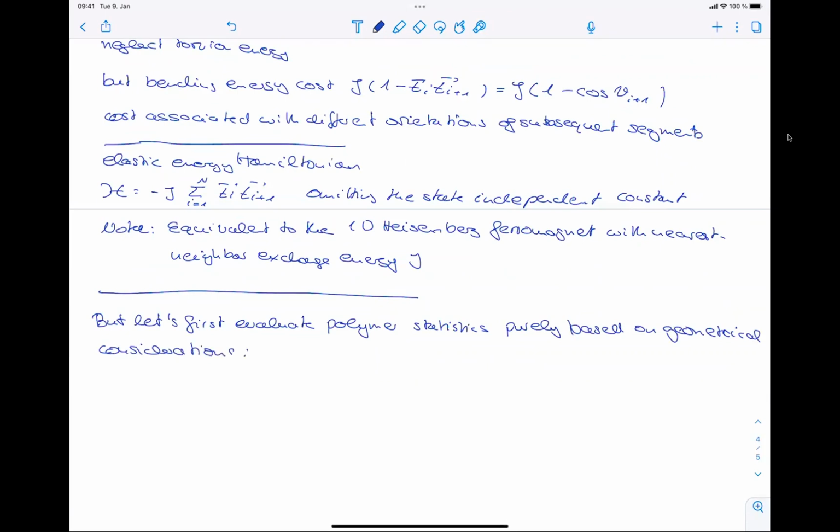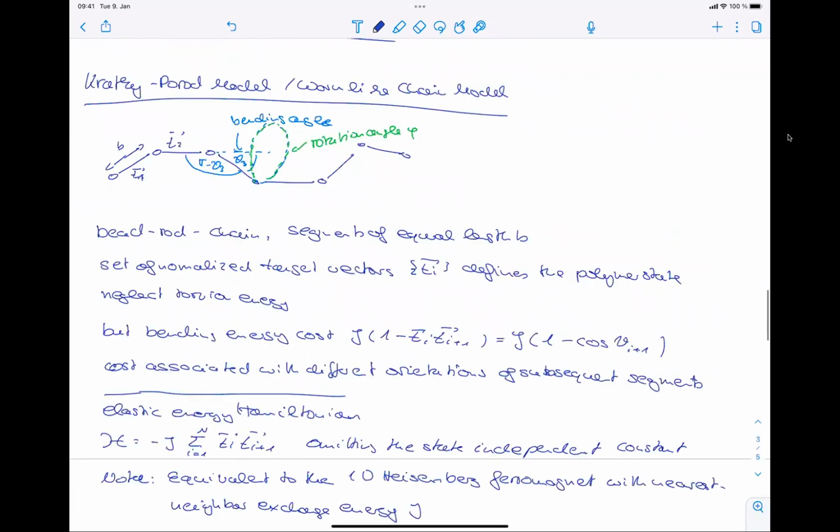And here it will be useful to consider a fixed bending angle theta. So now the rotation angle is happy to vary between 0 and 2 pi, but we fix the angle between two subsequent bonds to theta.